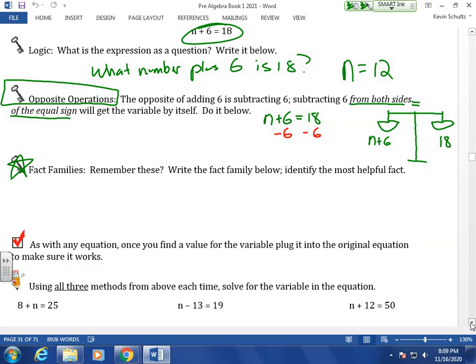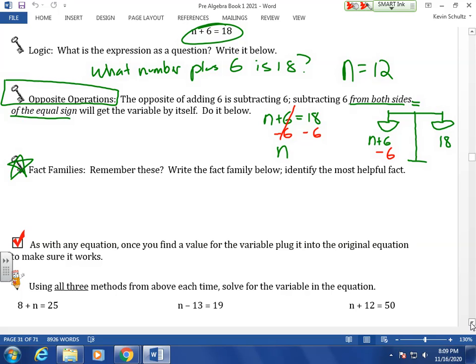Everything's good, okay? If we remove this 6 from just one side, what's going to happen to our balanced scale? Dunk, right? It's not going to be balanced anymore. So when you subtract 6 from the left side, 6 minus 6 equals 0, and we're left with just n.